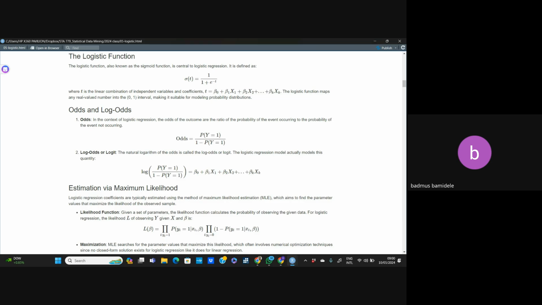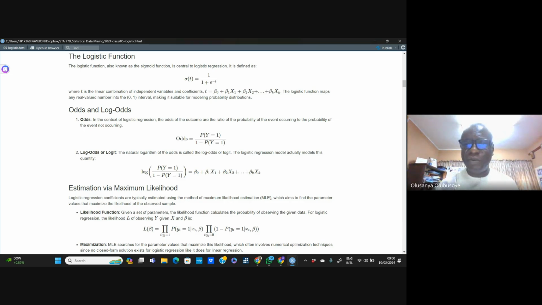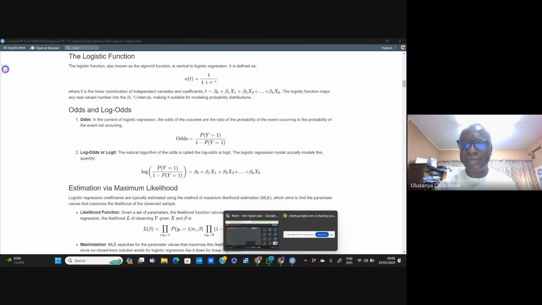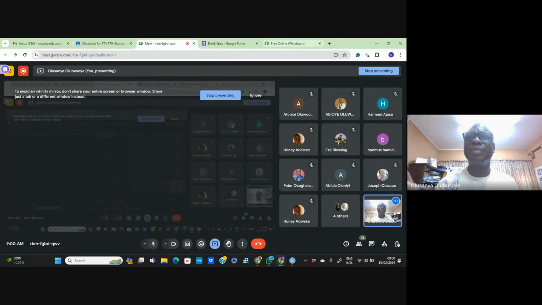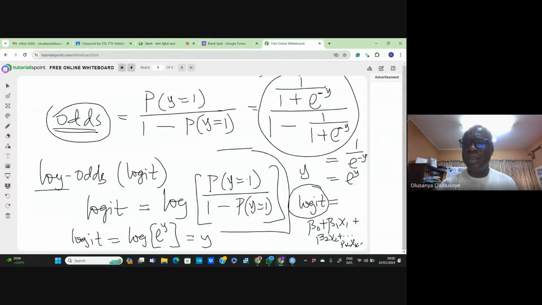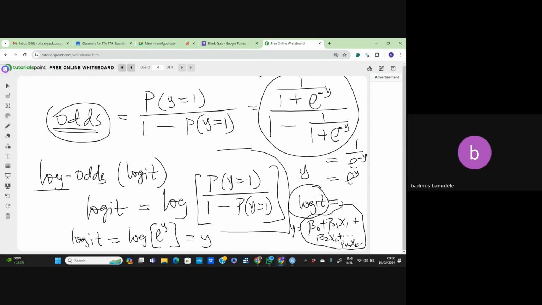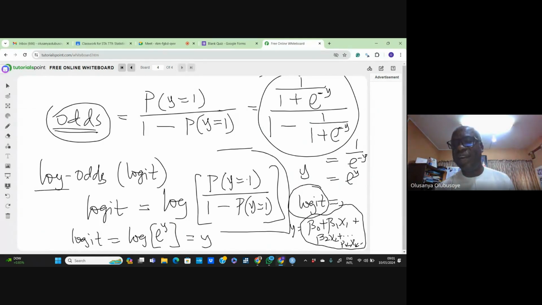So if you take away this part, then you say it is equal. This is what we know to be y, right? That is the linear combination.